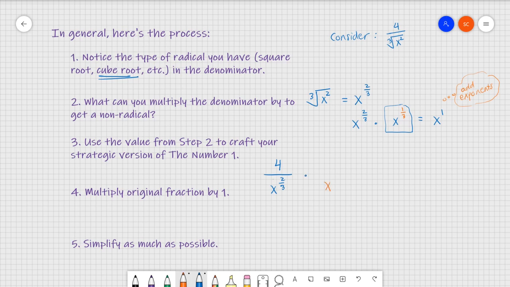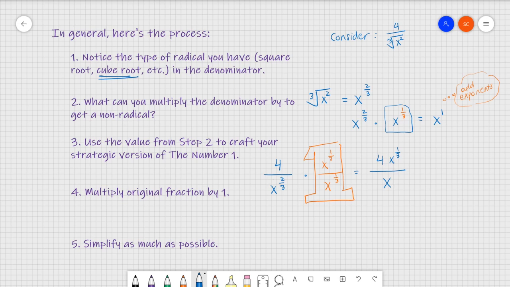So x to the 1/3 over x to the 1/3. Remember, here's the giant number 1. Okay, here I go and multiply across the top. I get 4 times x to the 1/3, or we know also that that means the cube root of x. Then in the denominator, when I multiply, I'm getting x to the 3/3, or just x.